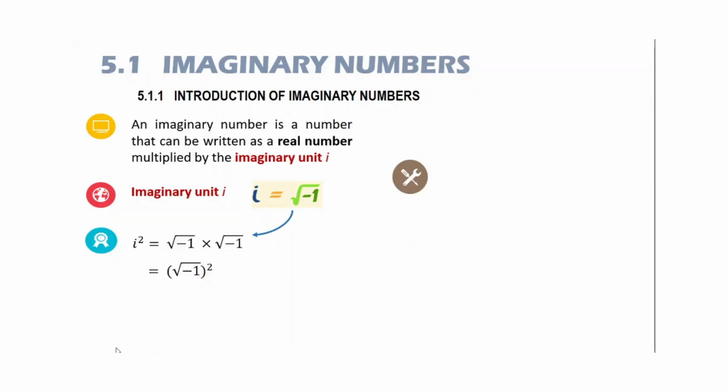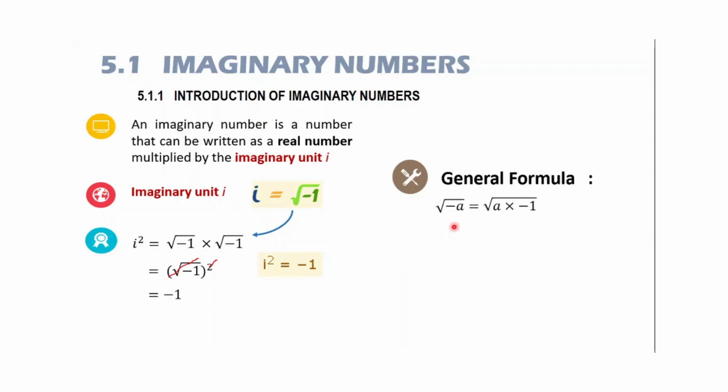So, bila kita ada punca kuasa ni, kita boleh cancelkan bahagian punca kuasa dengan kuasa, maka nilainya akan menjadi negatif 1. So, i kuasa 2 sama dengan negatif 1. This is the next concept yang you all perlu remember. You have to remember.